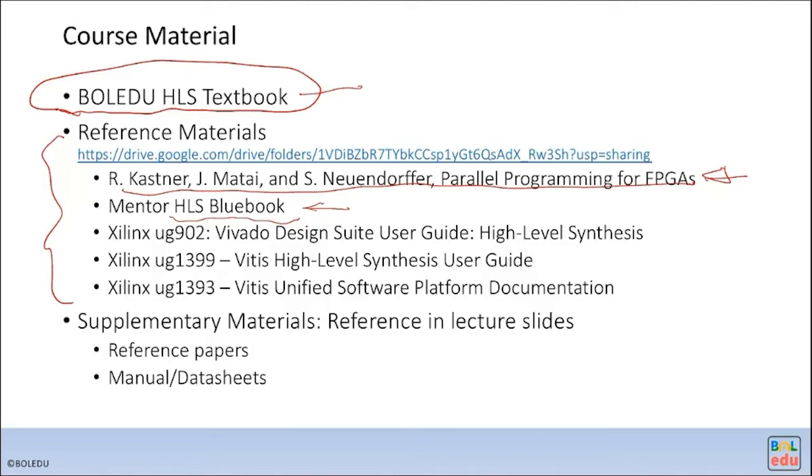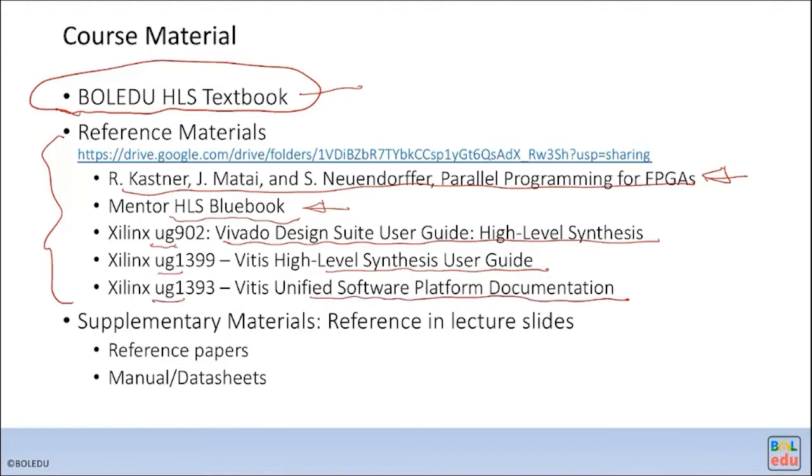And we will mostly use Xilinx application notes: UG 902, that's the basic one, then UG 1399 is the high-level synthesis user guide, and UG 1393 is the software platform documentation.